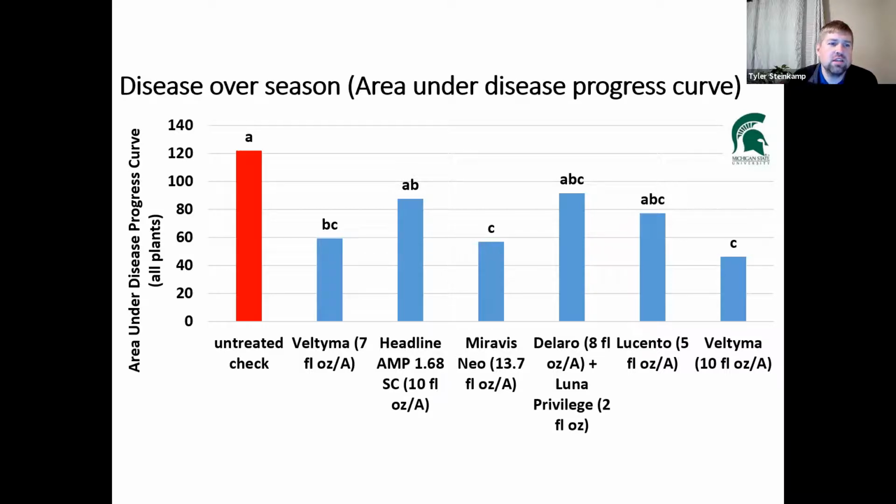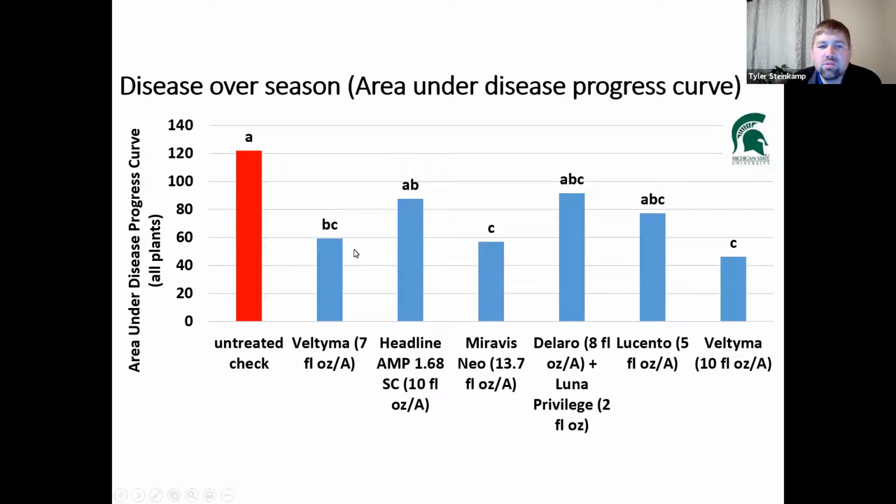Okay, so you can see that our untreated check was definitely the worst. It had the most amount of disease. And then you can see where a lot of these other ones shake out. Now, one word of caution: just because this one's slightly worse than this one, or this one's slightly worse than this one, you'll notice they are still statistically the same.